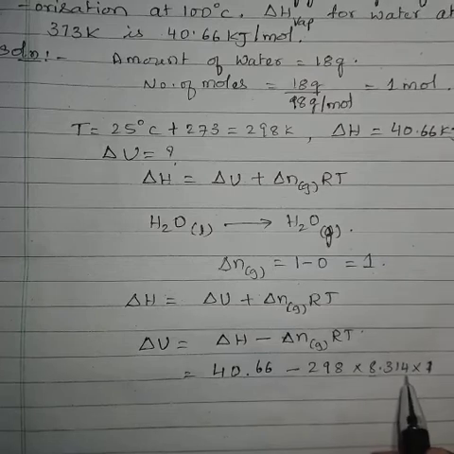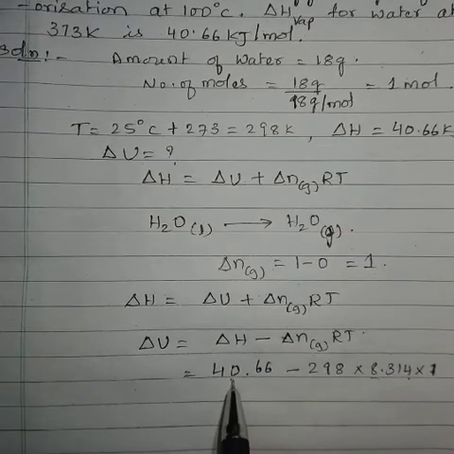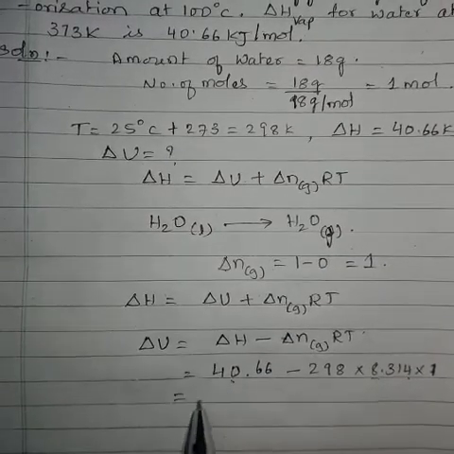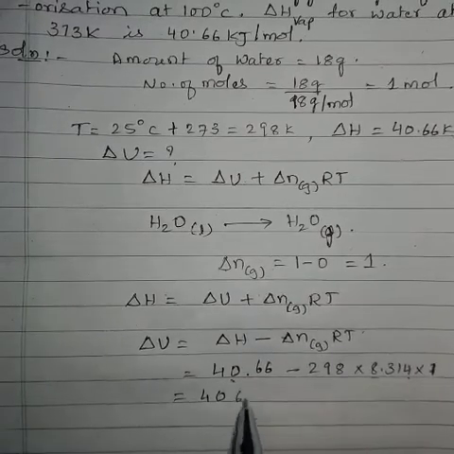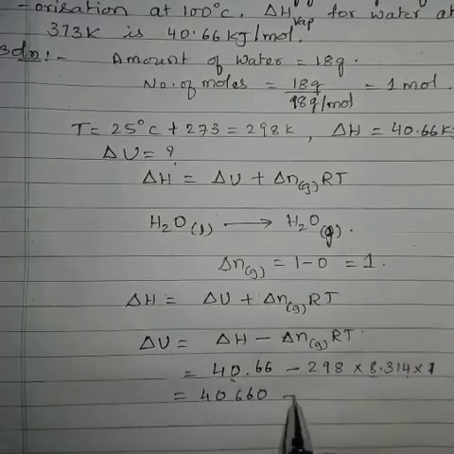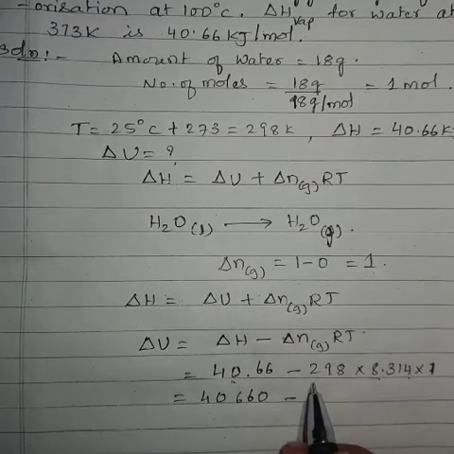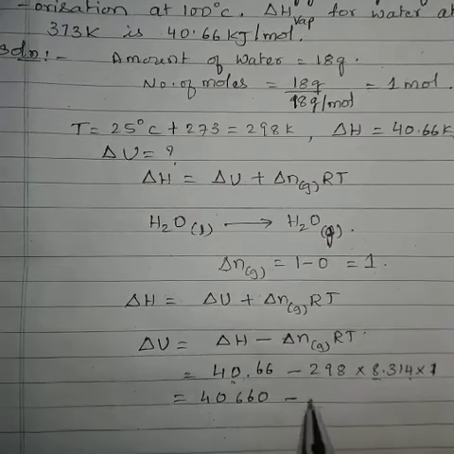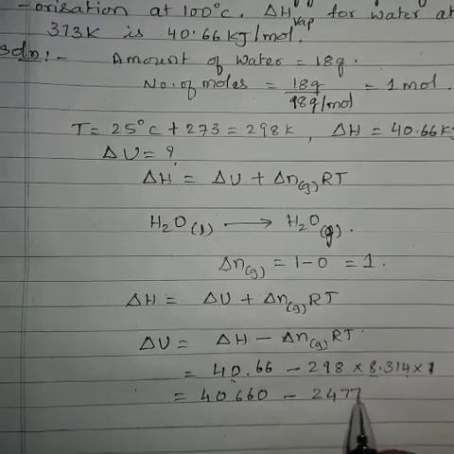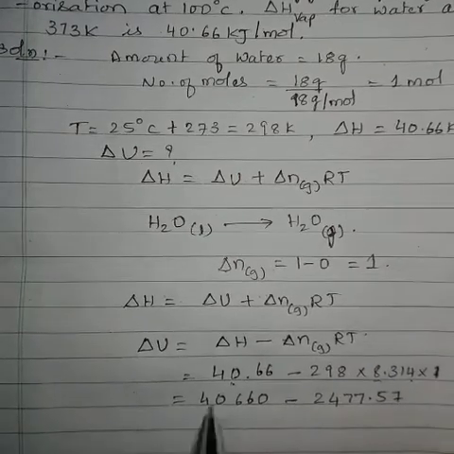Here this value is in joules but this value is in kilojoules, so you convert this value into kilojoules. 4660 joules. Just by multiplication of this we are getting 2477.57.